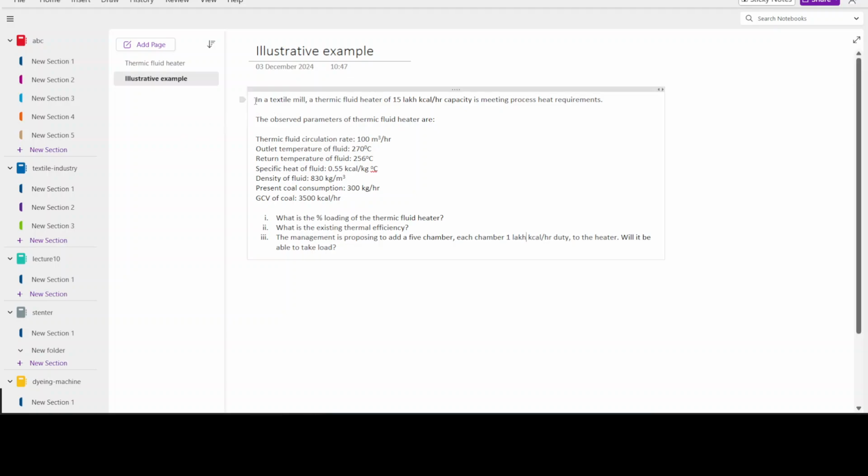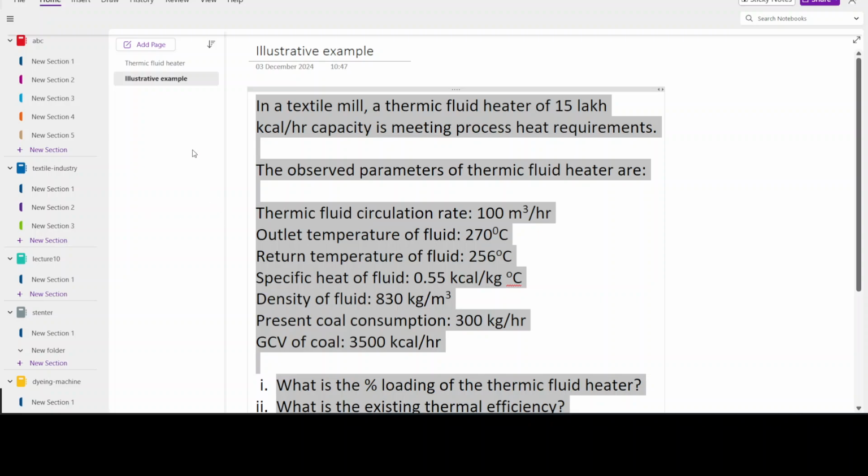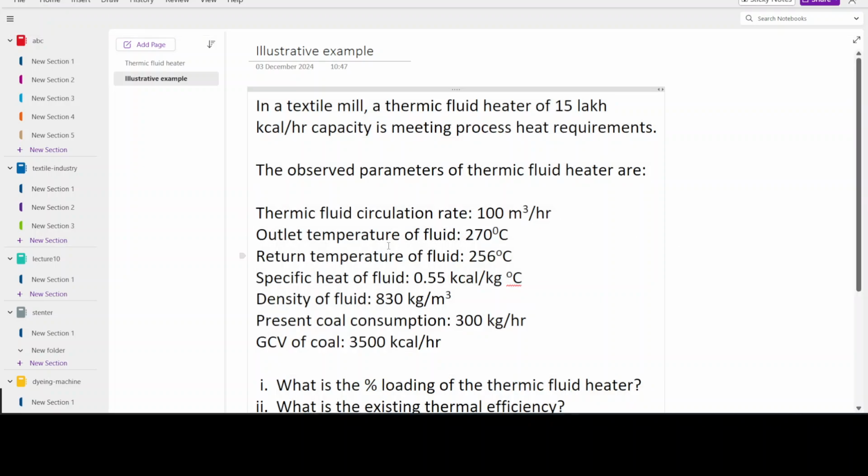Now we will see its application through an example. Here we have a question. Just I am increasing its font so that you can see it clearly. The question is, in a textile mill, a thermic fluid heater of 15 lakh kilocalorie per hour capacity is meeting process heat requirements.